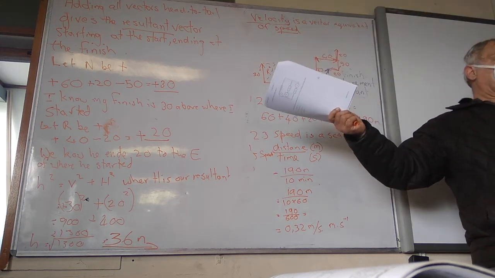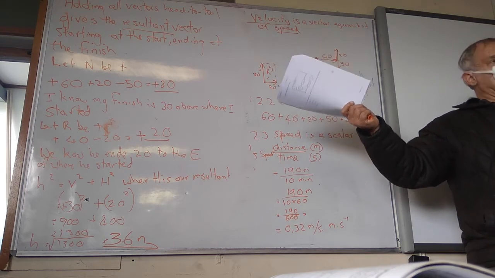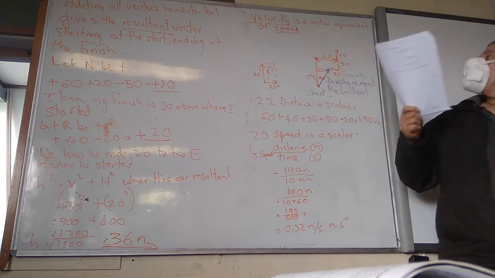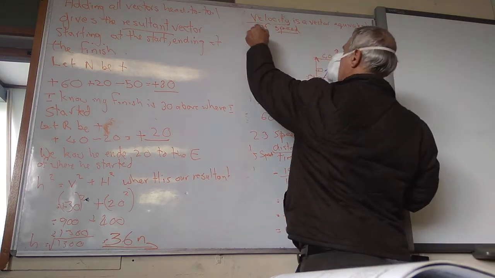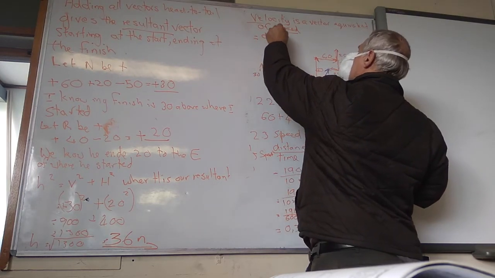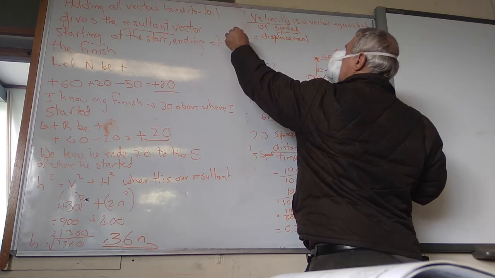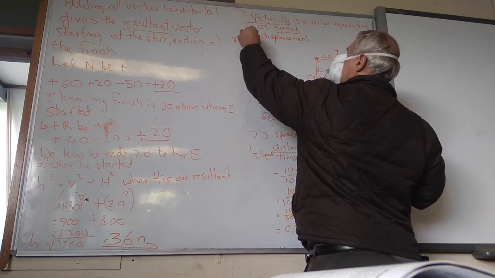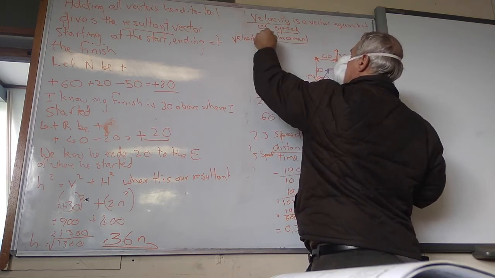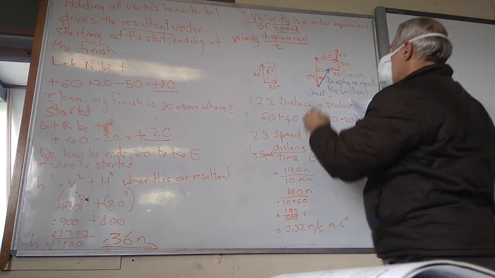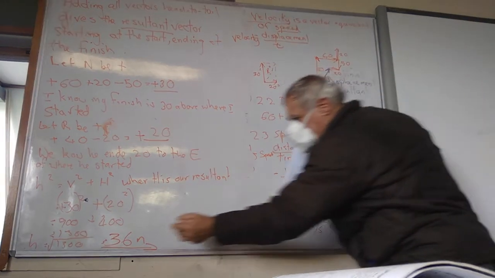Okay, so what are we going to use for the distance over time? What was the total displacement over time? So velocity equals displacement over time. What was his total displacement?